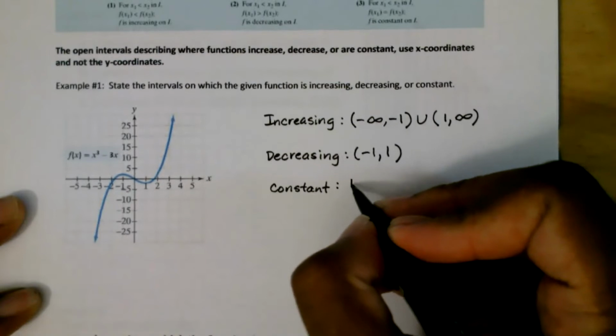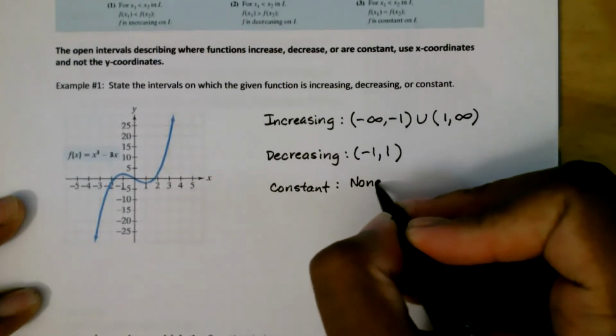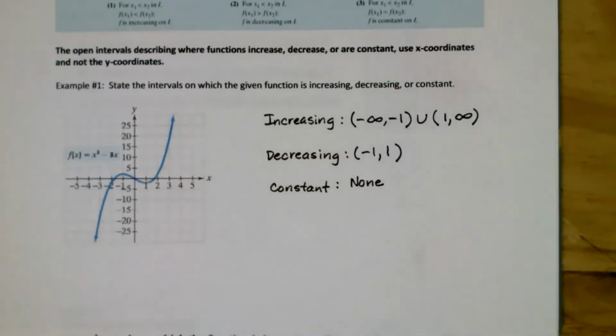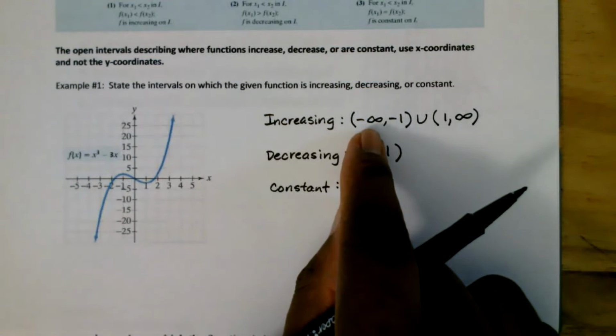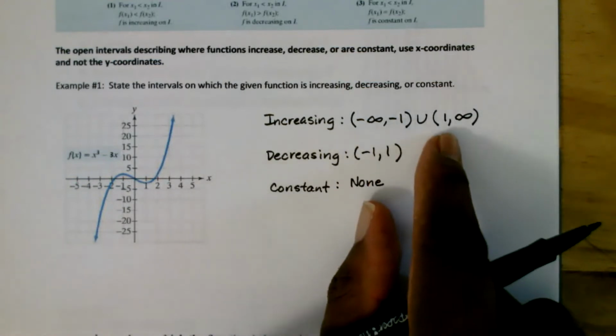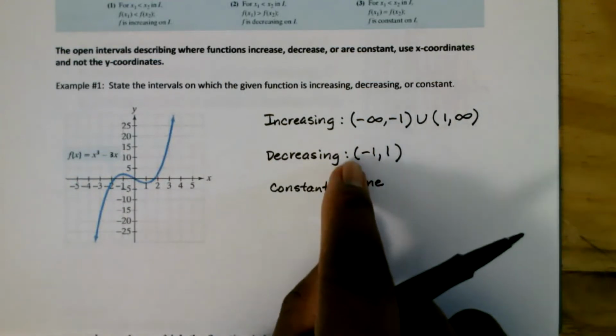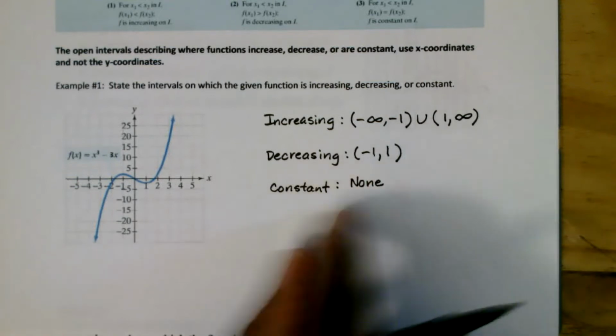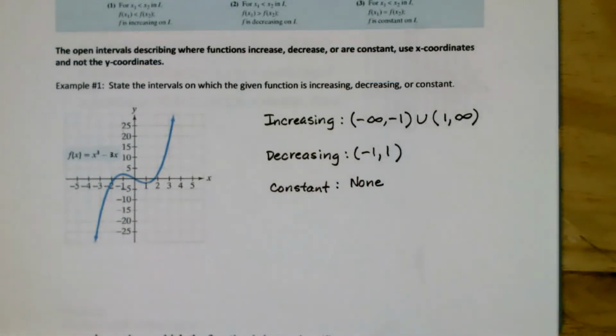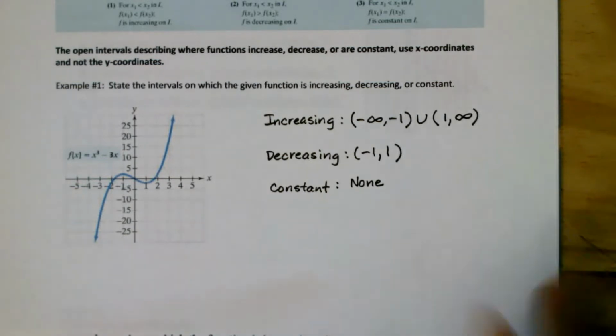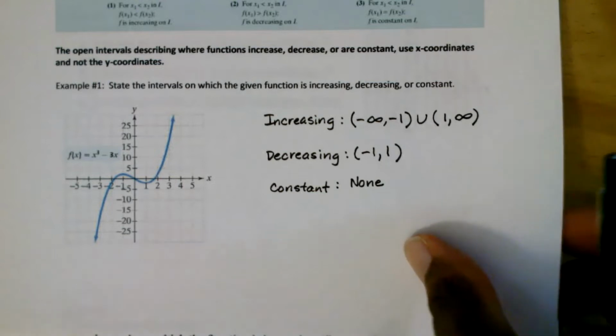So that means we can just put the word none. Okay. So those are the intervals where it's increasing from -infinity to -1, and from 1 to infinity. It's decreasing between -1 and 1. It's constant nowhere. All right, here's another example.